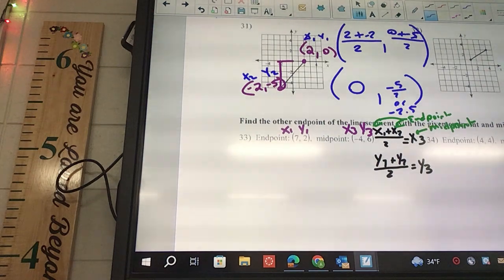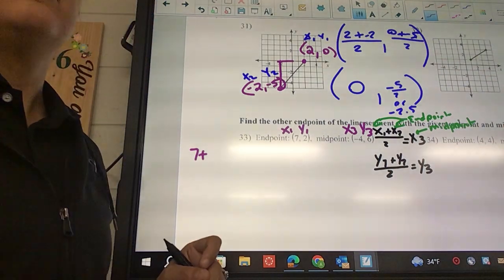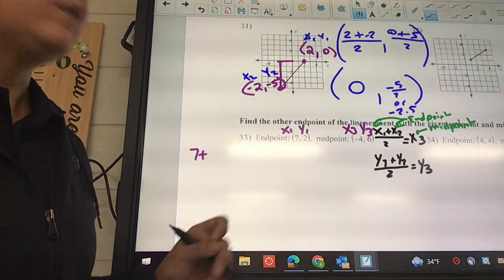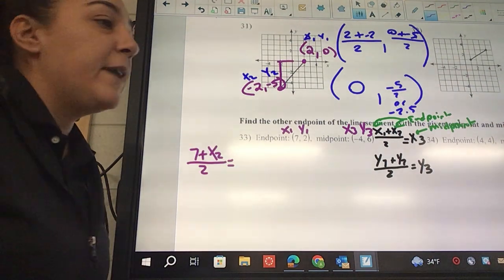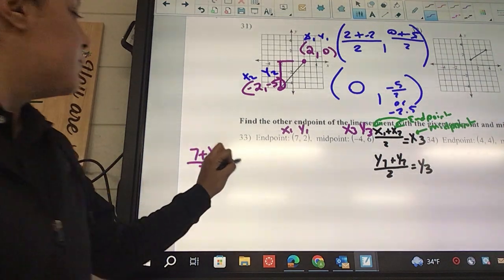So we're going to start off with the x's. What is my x1? 7. 7 plus x2. What's my x2? We don't know what that is. Over 2 equals, what's my x3? Negative 4.